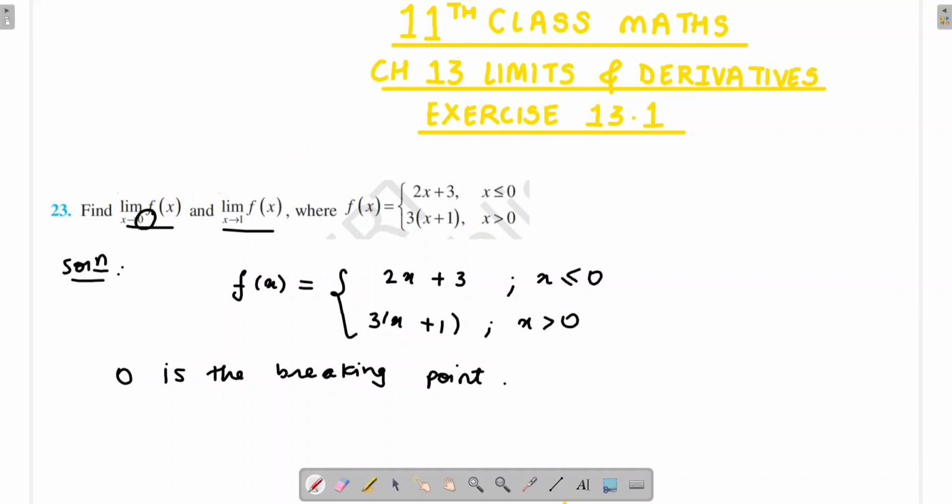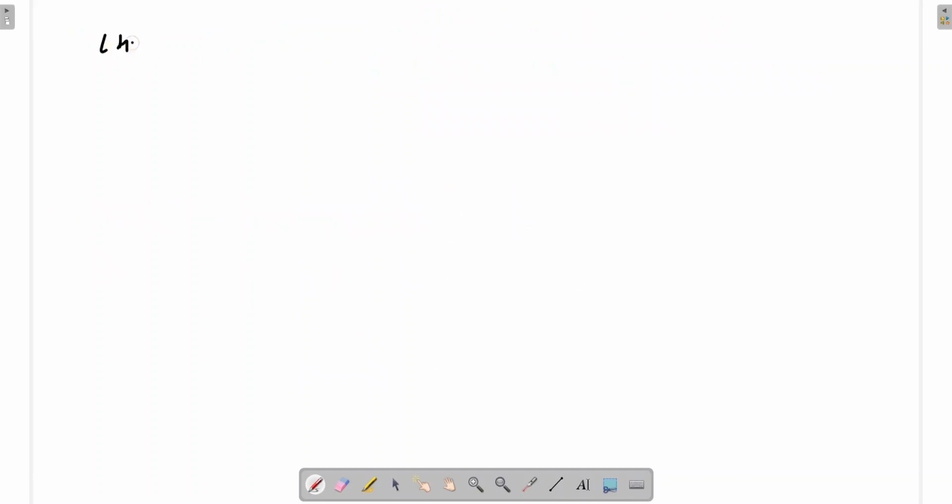So let us now see the left hand limit and right hand limit. The left hand limit will be limit x tends to 0 minus of f(x). This is how we denote the left hand limit. Now you see that x is tending to 0 from the left hand side.